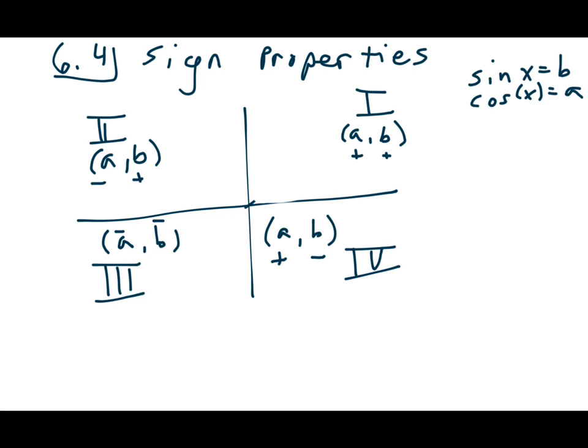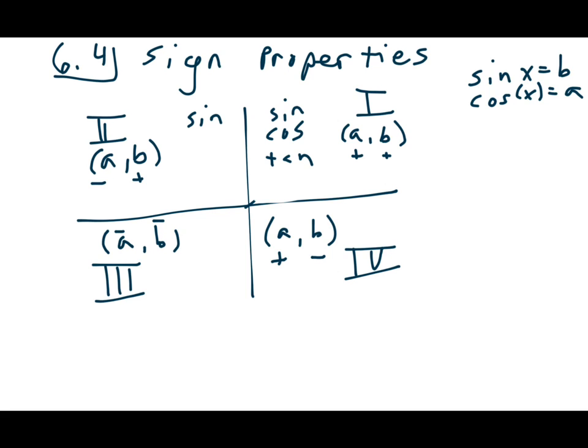So what does that tell me? That says that sine and cosine are positive in the first quadrant, and by extension, tangent is going to be positive. In the second quadrant, sine's positive, cosine's negative, and so by extension, tangent's negative.